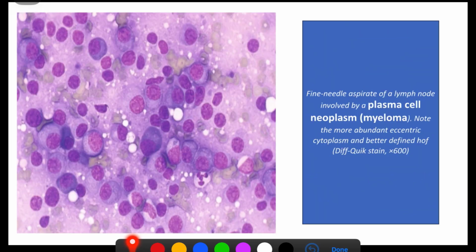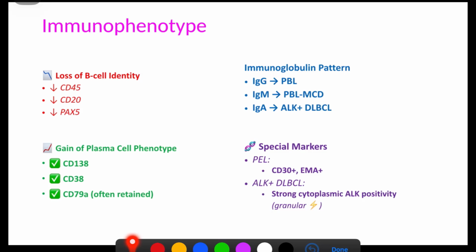This is again a lymph node showing plasma cell myeloma. So here eccentrically placed nuclei with cytoplasm and hof. So myeloma shows perinuclear hof in most of the cells, whereas plasmablastic lymphoma will have an absent perinuclear hof.